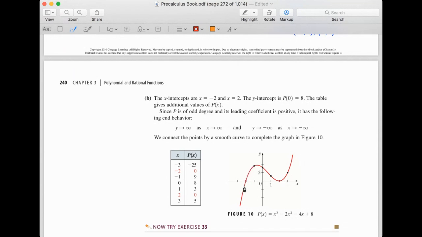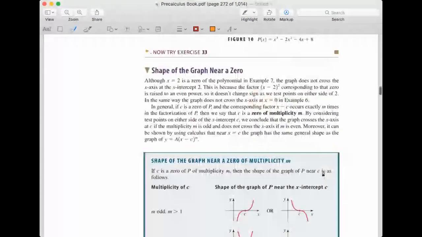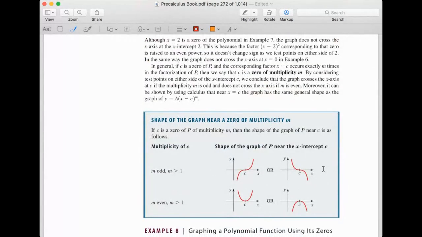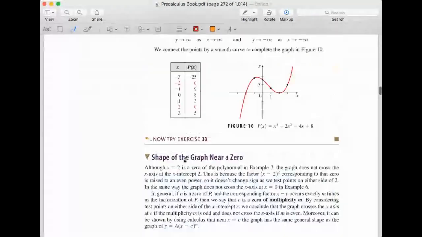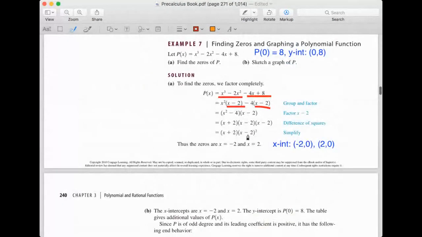So the graph just goes through it. All right, go through it. Yeah, the word is called multiplicity. So we have 2 of 2 as roots, square. So multiplicity of 2 is 2.